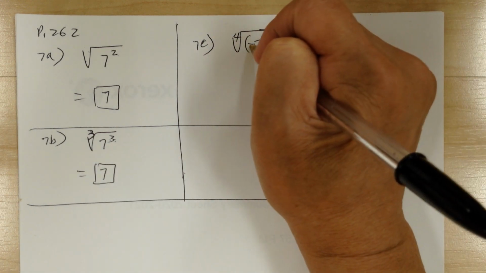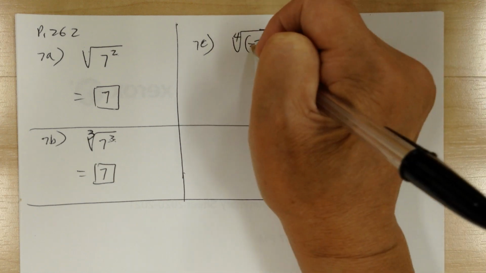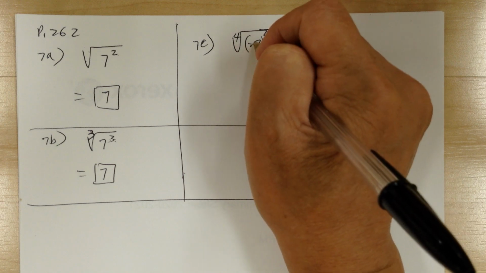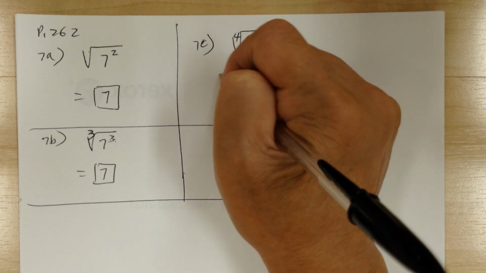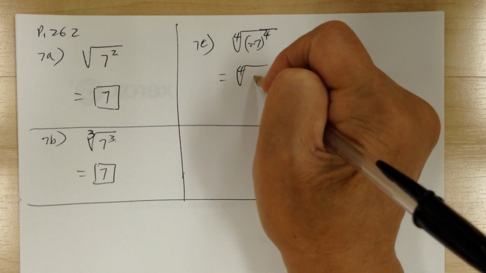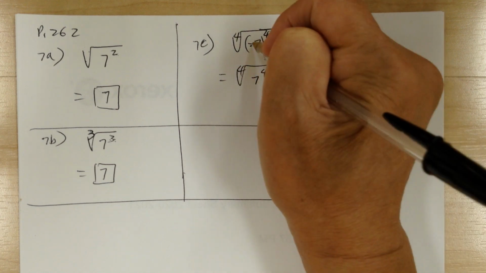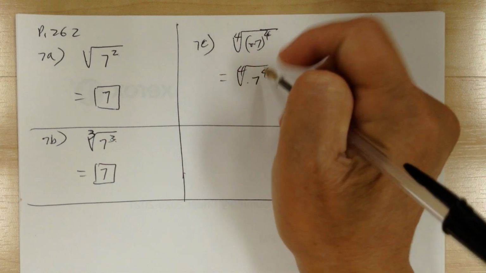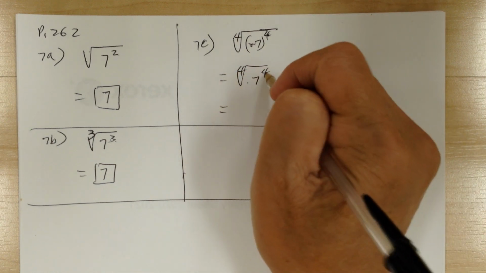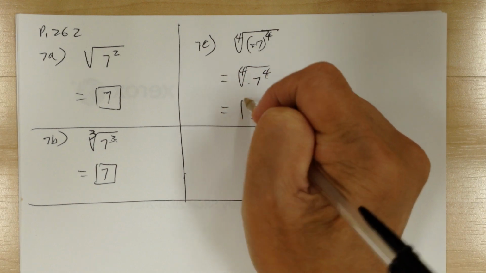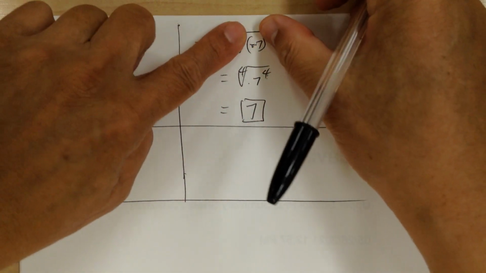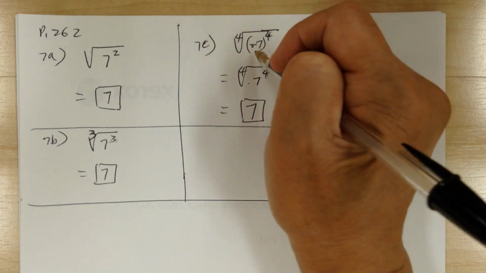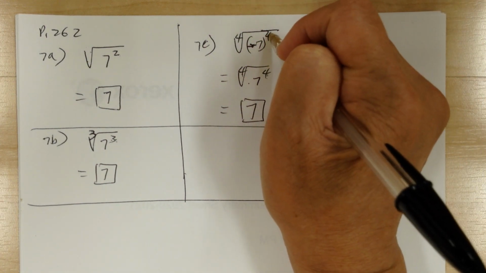Negative to the 4th power is positive, so get rid of the parentheses first: 7 to the 4th power. Now you can cancel out the fourth power and fourth root, so the answer equals 7. Don't just say they cancel out and answer negative 7, because you have to do the inside first, and the negative will be gone because of the fourth power.